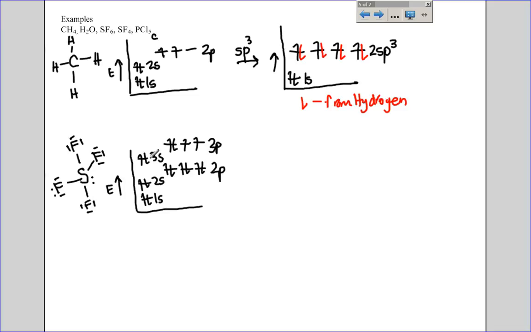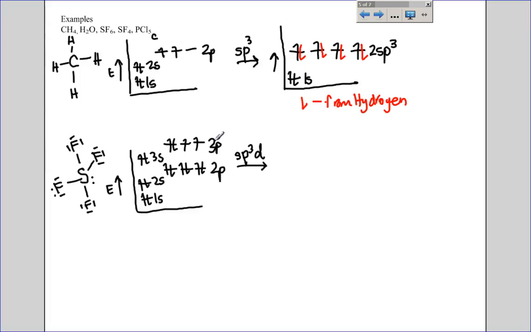In order to decide what kind of hybridization occurs, we need to look to our Lewis structure. We have a total of 5 electron pair domains, so we need a total of 5 hybrids. So s will give us 1, the 3 p's will give us 4. So in this case, we're going to need to access our d orbitals during the hybridization.